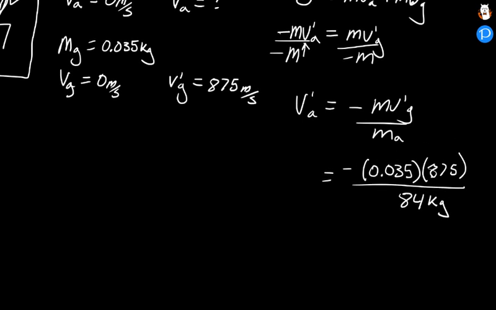Let's see, I gotta find a calculator here and crunch the numbers. So 0.035 times 875 divided by 84. And we should get a final velocity of the astronaut of 0.36 meters per second.